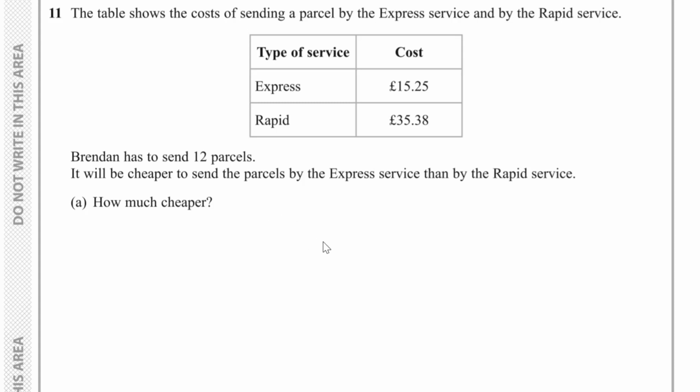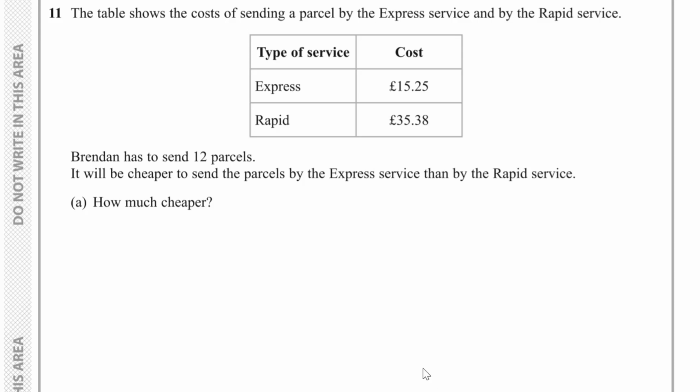Well, if he sends 12 parcels using the express service, and if he sends 12 parcels by the rapid service, the difference between those will tell us how much cheaper it is to send parcels by express rather than rapid.